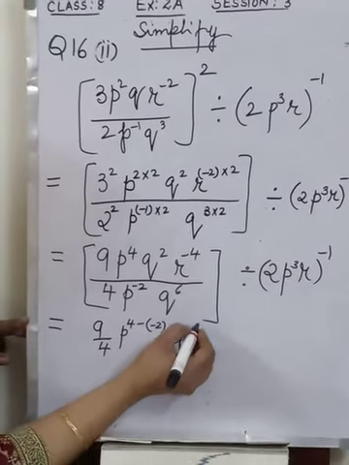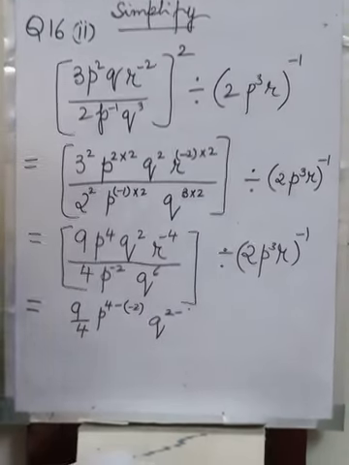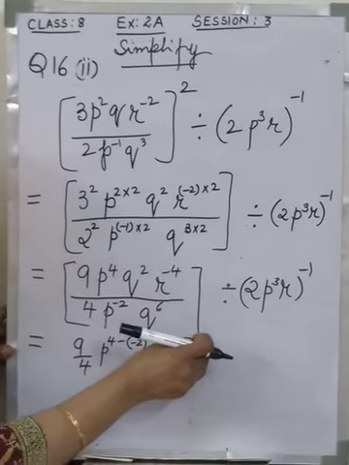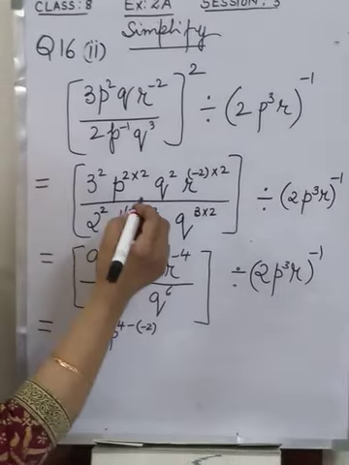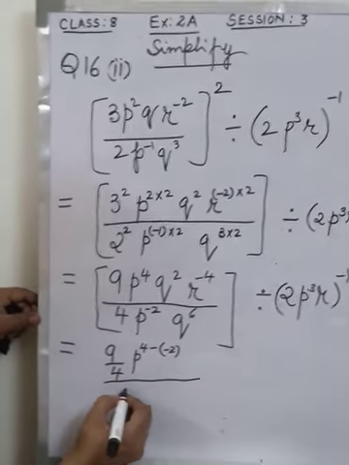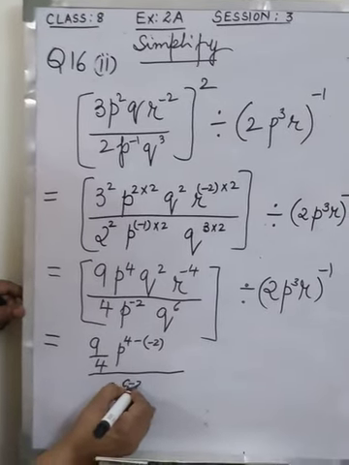q to the power 2, because wherever we have the larger power, the power goes there. So I write q to the power 6 minus 2.